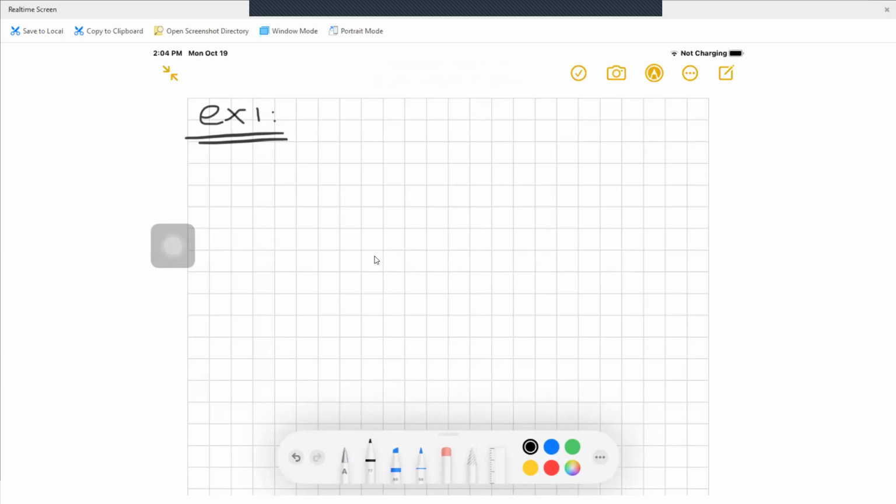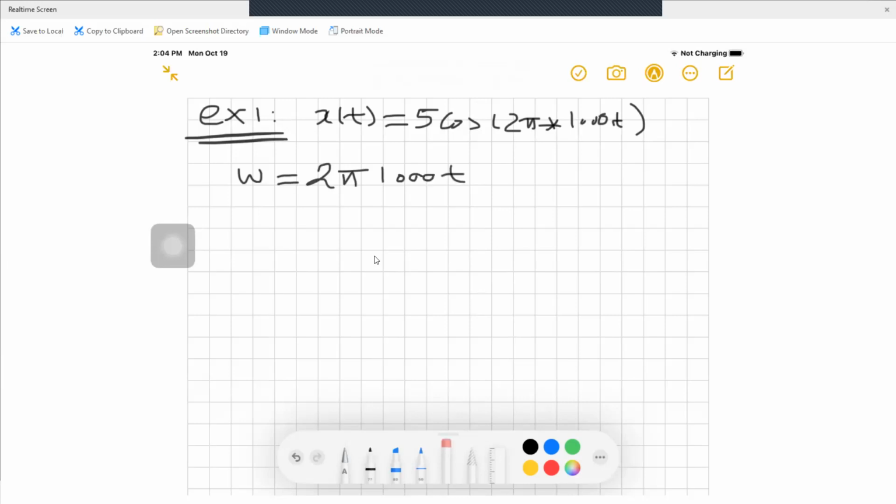Now, example number 1, we have an analog signal, x of t equals 5 cosine 2 pi multiplied by 1000 t. Okay, this is the signal. Now omega equals 2 pi 1000, sorry, 2 pi times 1000.